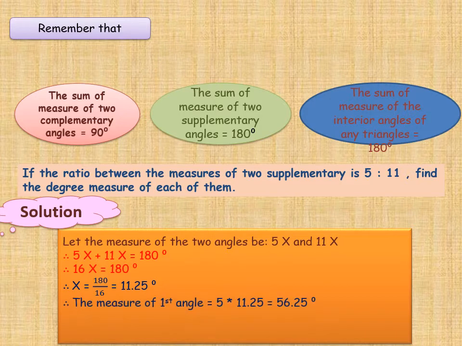The first angle equals 5x, which means 5 times 11.25, and the second angle equals 11x, which means 11 times 11.25. If you want to make sure that your answer is right, the sum of the two angles must equal 180 degrees.